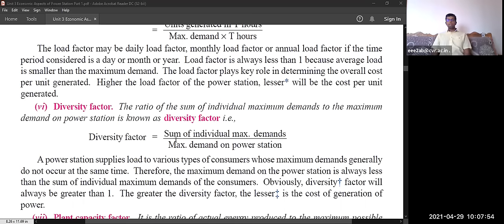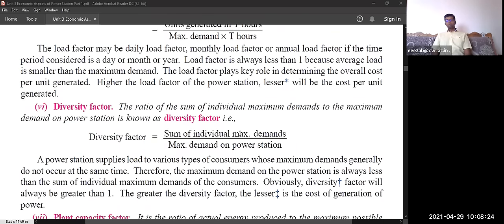Individual maximum demand means, in a particular time, what is the maximum demand? Say, for example, for 4 hours it is 20 megawatt, plus 2 hours into 10 megawatts, plus 5 hours into 15 megawatt, like that. You have to take the sum of individual maximum demand divided by the maximum demand on the power station.